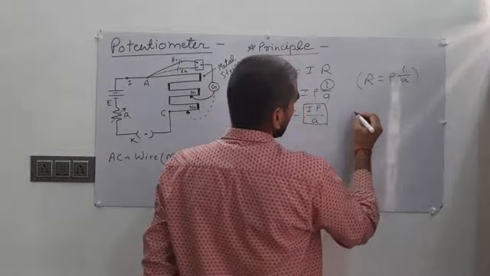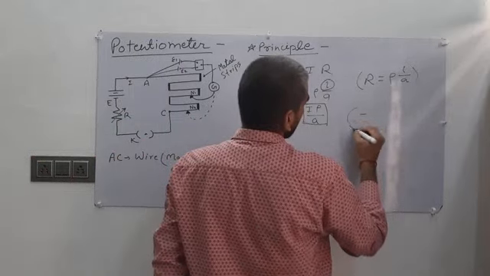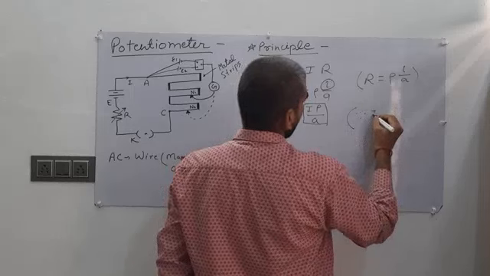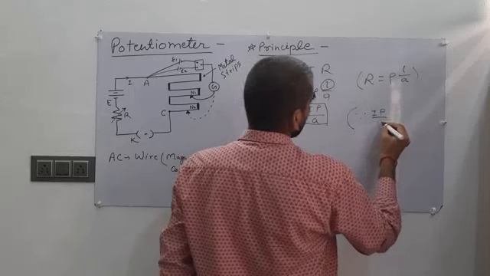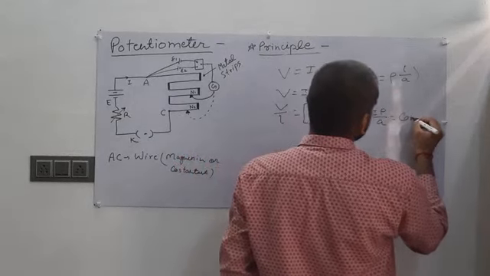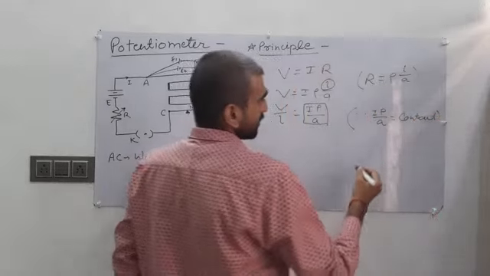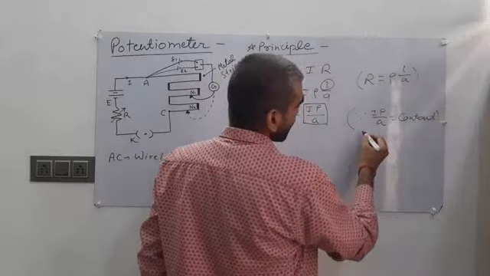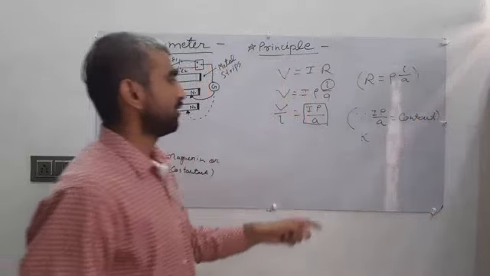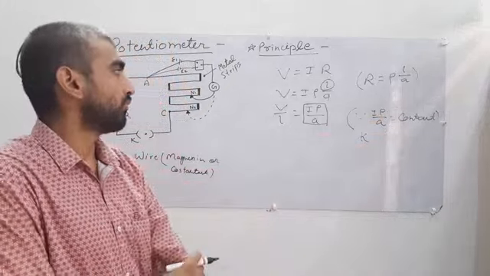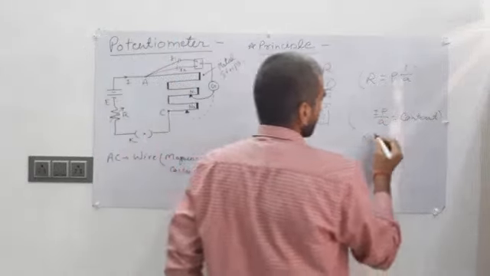So I rho upon A equals a constant. Here we give it a name: we denote I rho upon A by the variable K, which is the potential gradient.